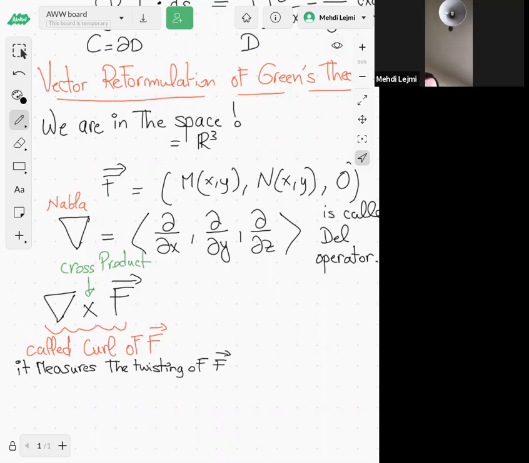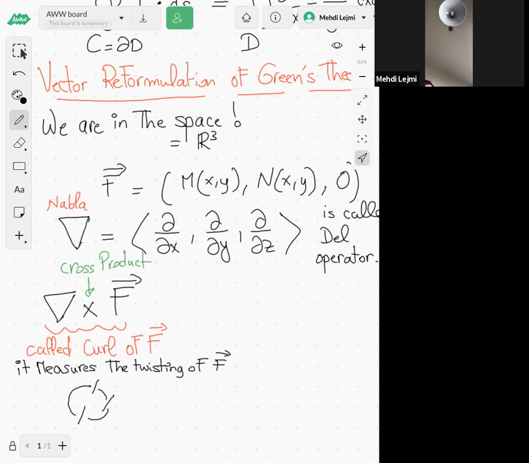For example, you have some object moving along, let's say, a circle, but it doesn't rotate. This object keeps the same position, it always has, for example, this diagonal direction. So in this case, the object along the circle doesn't rotate, there is no rotation or twisting of this object along this circle.